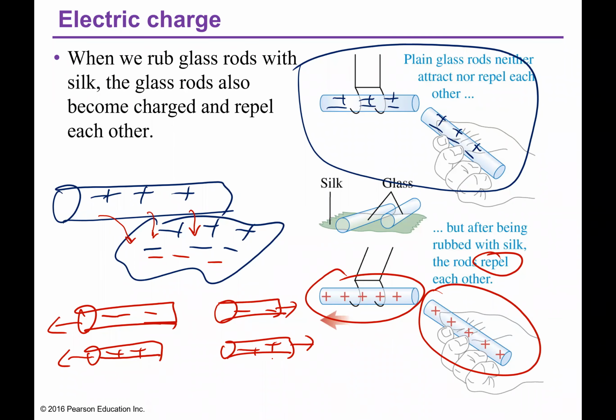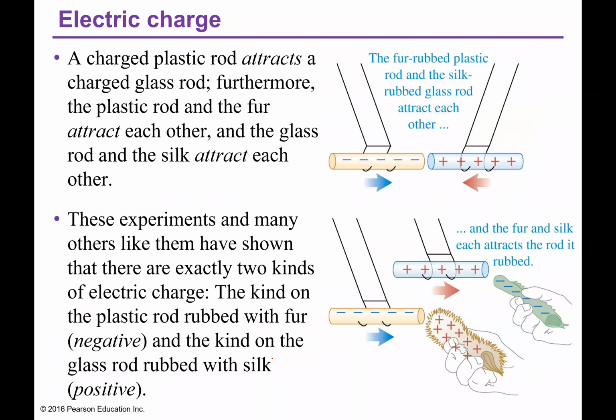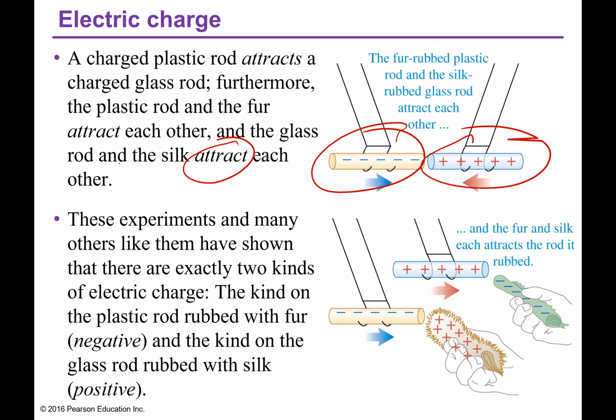Two negatives repel, two positives repel. What if you bring positive and negative together? Let's say I have the negatively charged plastic rod and a positively charged glass rod, and bring them together. What we see here is that they are attracted to one another. There's an attractive pull between them because they have opposite charges.